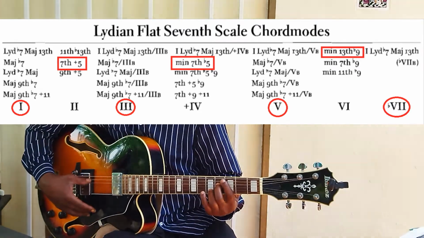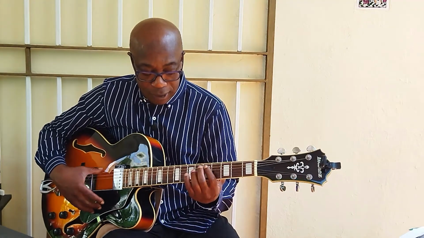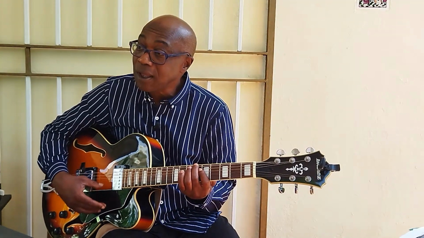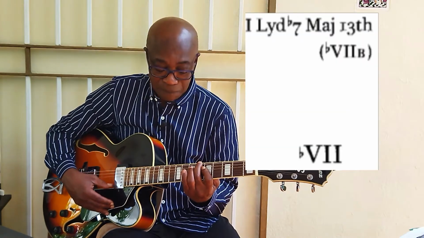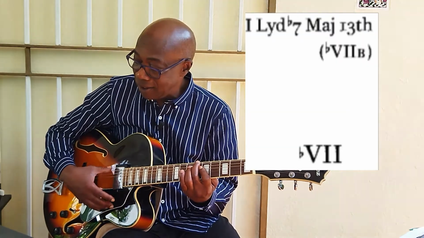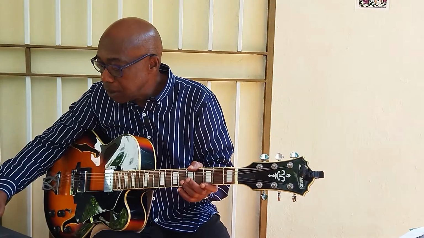And now we should understand that this is also a C7 but with B flat at the bass. So we'll come to that later. This will be for the 7th degree.